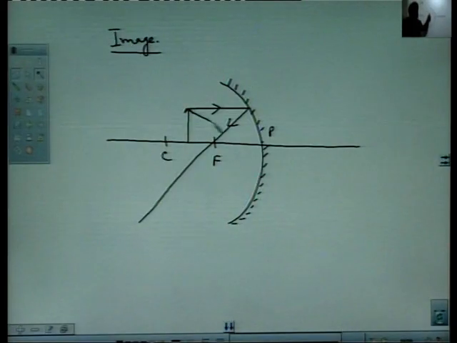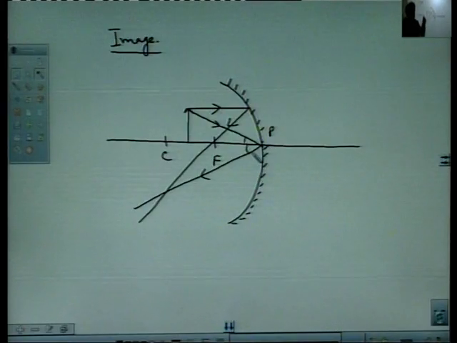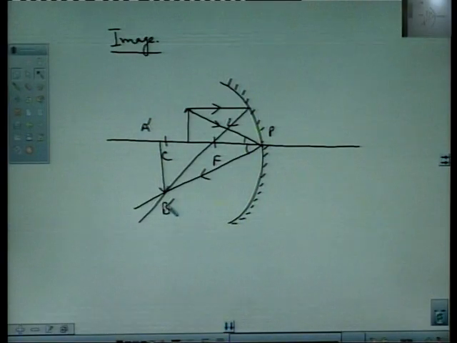Another ray of light will strike the mirror, and after reflecting at an equal angle, its image will be formed at this point beyond C. We can make such diagrams for various positions of the object.